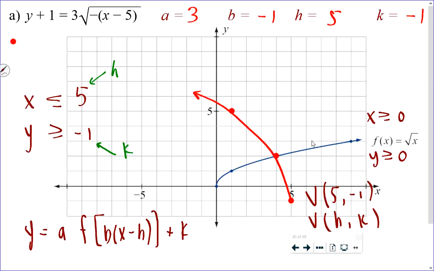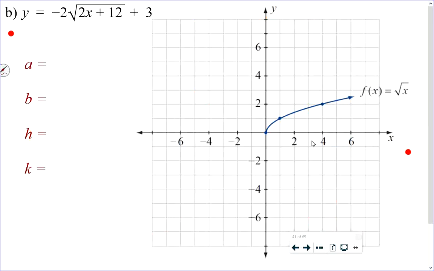Will? Right, b is negative. So if b is negative, it's going to take that inequality on the domain and flip it. By the way, if a was negative, it would take the inequality on the range and flip it. So if you're told that y is less than or equal to some number, that tells you that a must be negative because it's been flipped vertically.